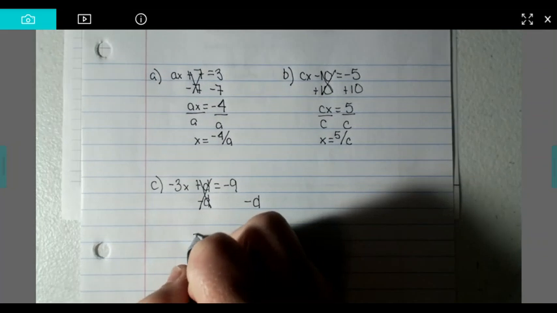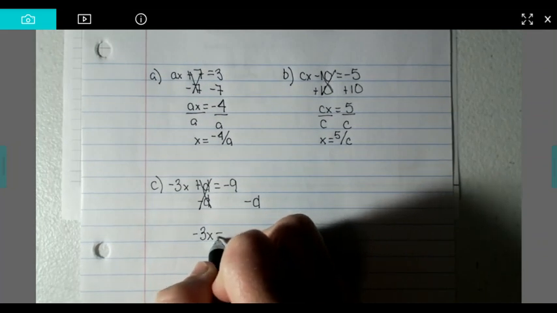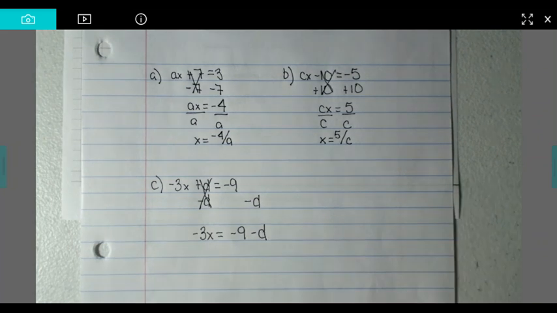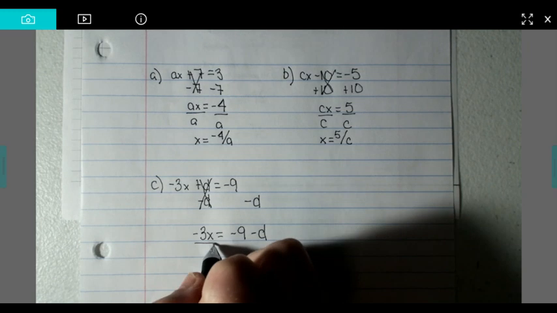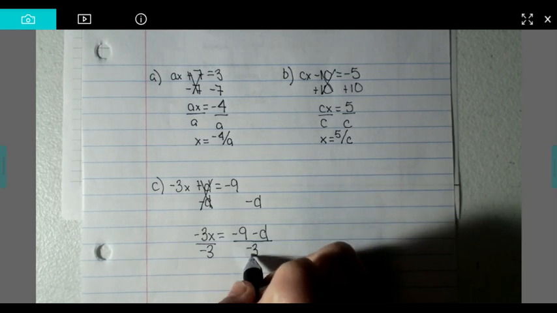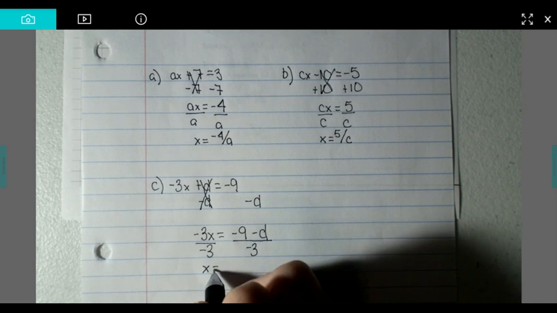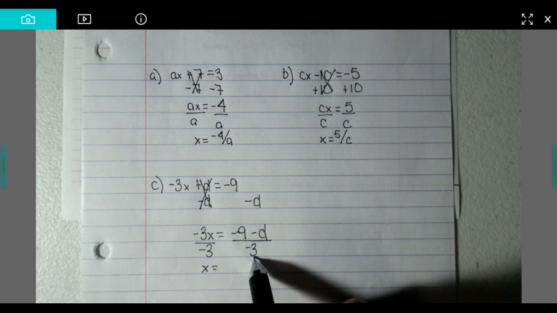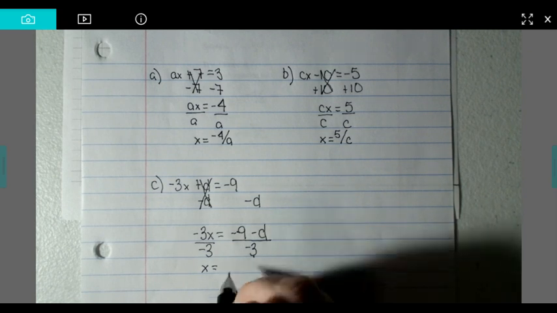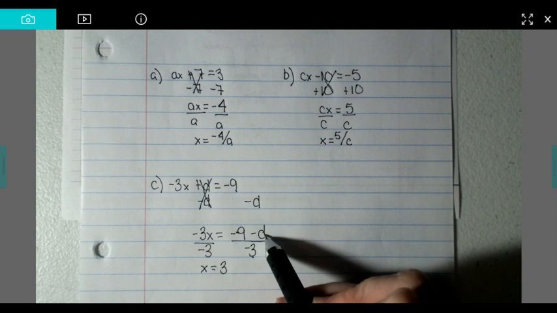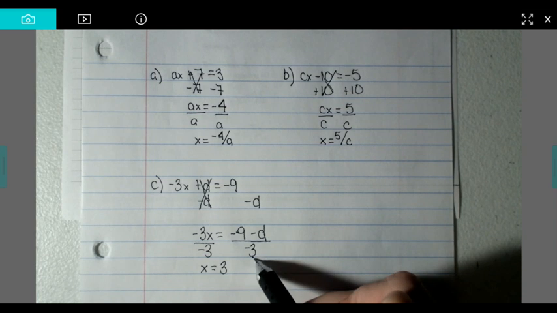That brings down negative 3x equals negative 9 minus d. Now we isolate the x itself. I divide by negative 3. I want to take this into parts. What is negative 9 divided by negative 3? A positive 3. What is negative d divided by negative 3?